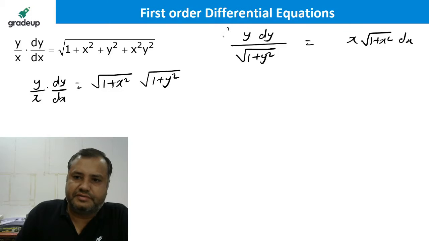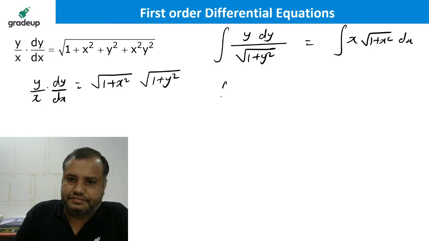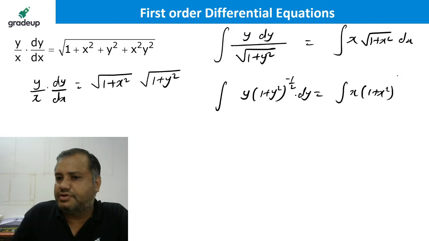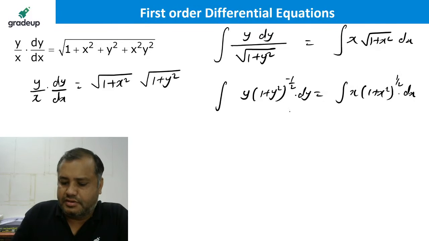Variables are separated. Integrate both sides. Root 1 plus y square will be 1 plus y square to the power minus 1 by 2 dy, equal to 1 plus x square to the power 1 by 2 dx.